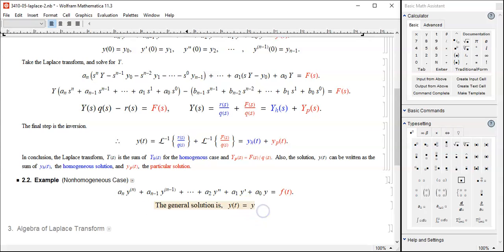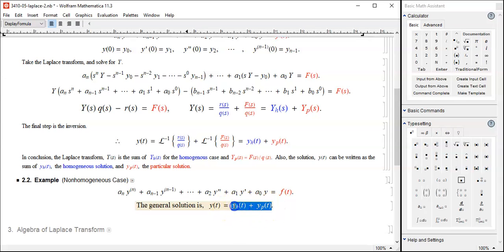Wrong key. Sorry about that. YH of t plus YP of t. So YH plus YP is a solution. So Y equals YH plus YP, and therefore this is a solution.